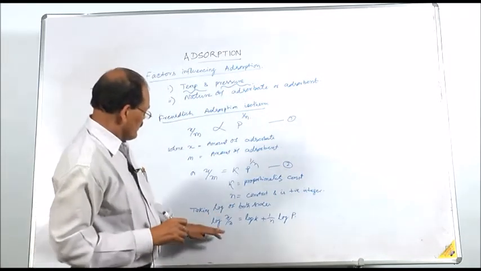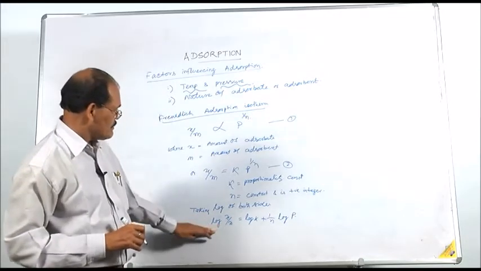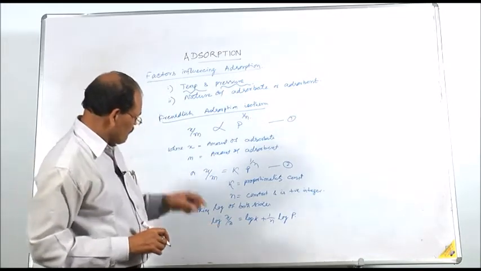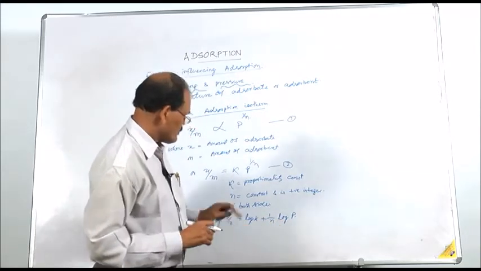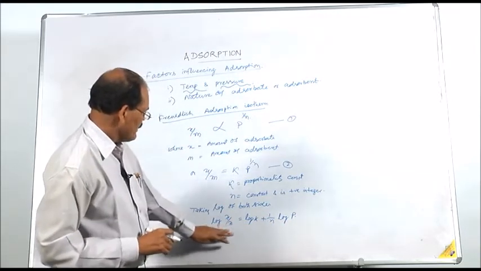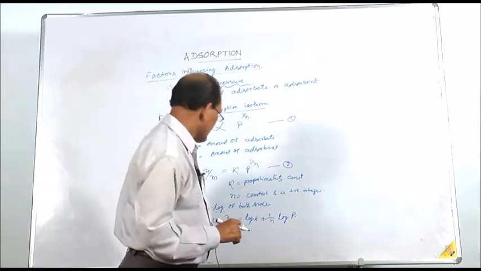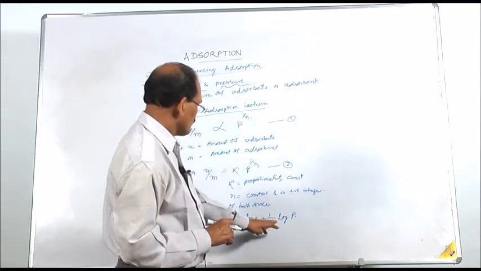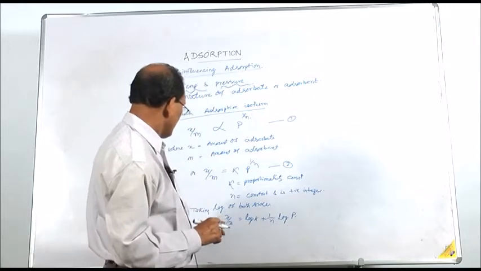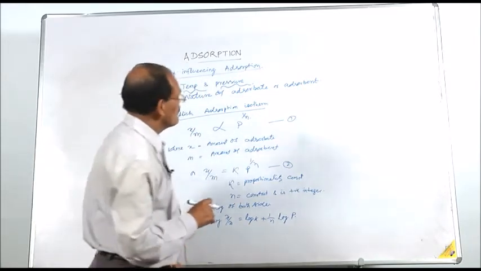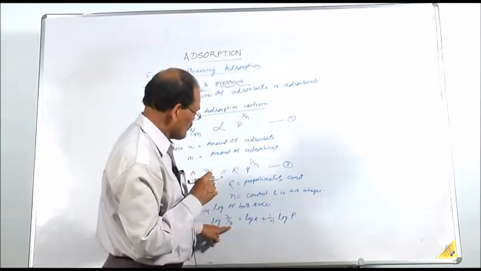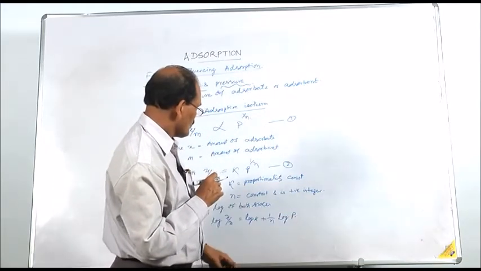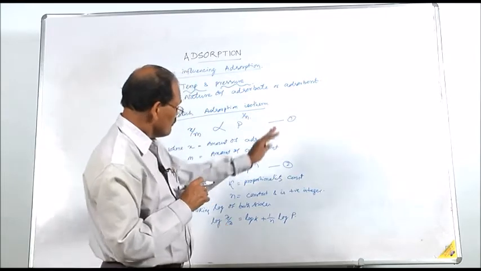You see here, if you take the equation of a straight line, y equal to mx plus c, it gives the equation of a straight line when we plot log p versus log x by m. If we consider the amount of adsorption with pressure or concentration, that also decreases.